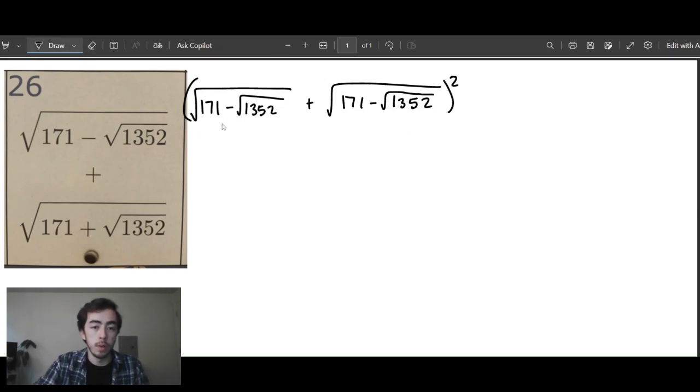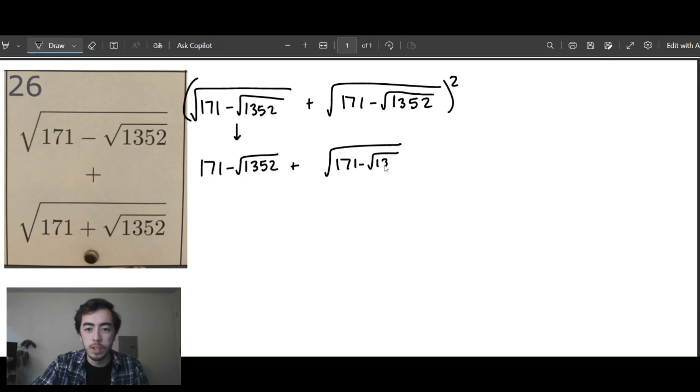So it's first times first, so I'll square this thing. And all that really does is just remove that square root sign, so that's convenient. Then I'll get the outside term, so basically it's just these two multiplied to each other. And so I'll get root 171 minus root 1352 times root 171 plus root 1352.